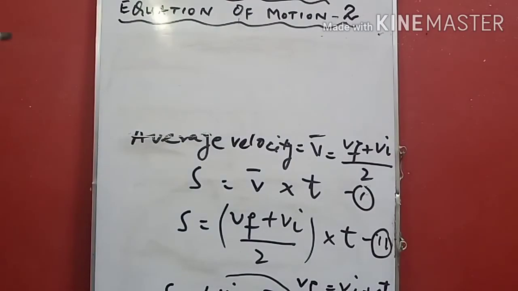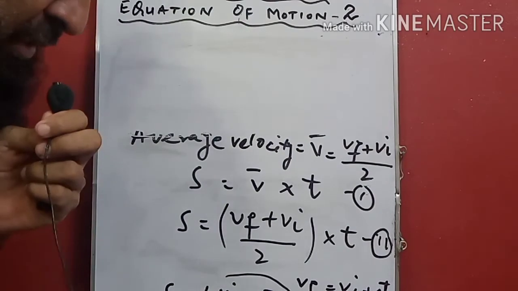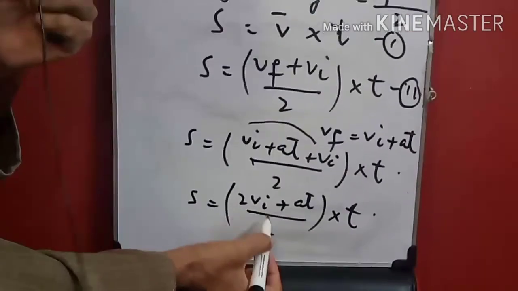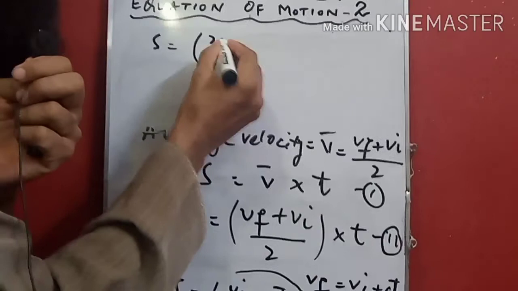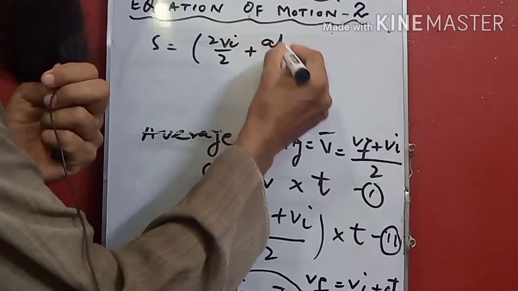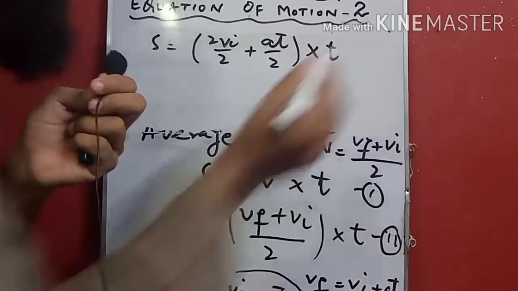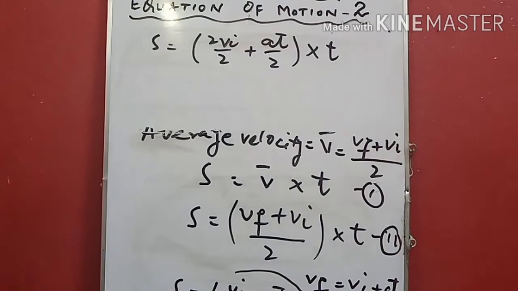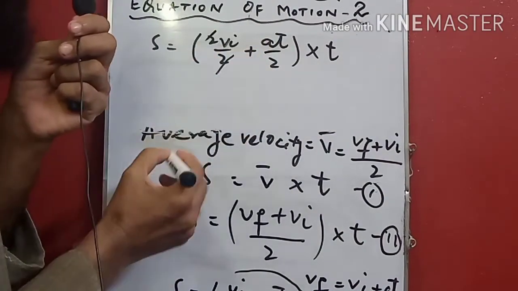So in the next step, we separate the two factors of the numerator according to mathematical law. S equals 2Vi upon 2 plus At upon 2, multiplied by T. Now these 2 and 2 cancel.